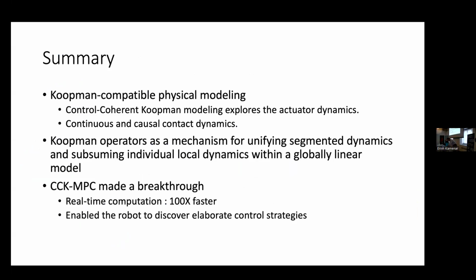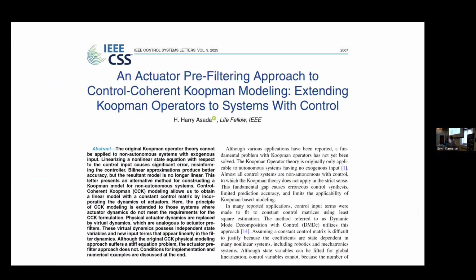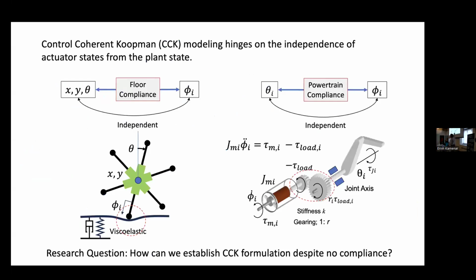I think I have just one more minute, okay? This is my recent journal paper, and we extended the CCK conditions, not relying on the physical properties. We assumed some compliance between the actuators and the load here, right? But what if it's direct drive, no gearing, all solid?